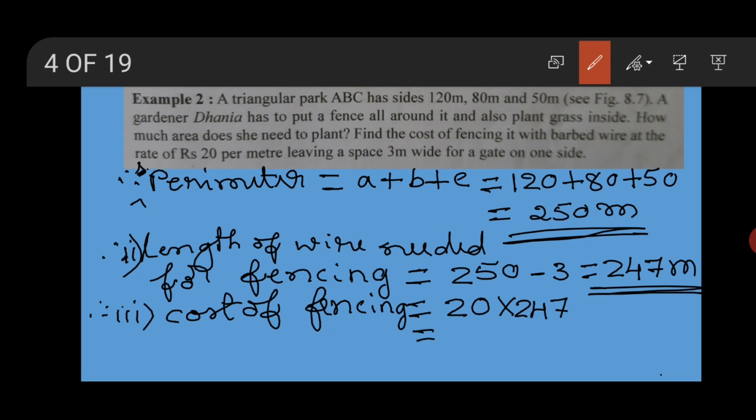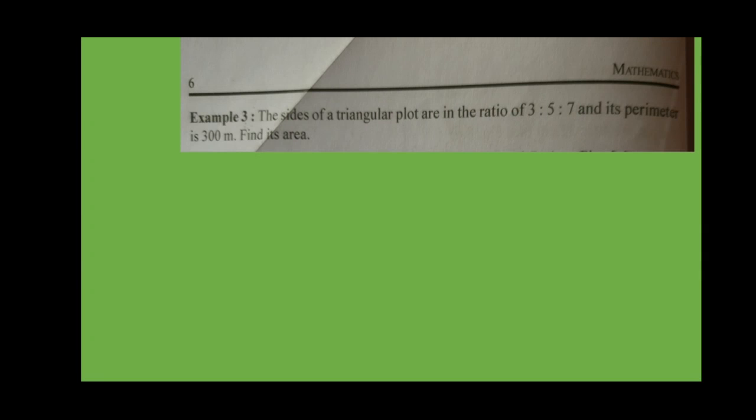So 20 into 247 is equal to what? Double of 247. 2 7s are 14, 2 4s are 8, 1 plus 1 is 9, 2 2s are 4. So this much amount is required for fencing at the rate of rupees 20 per meter: 4940 rupees. Did you get this?